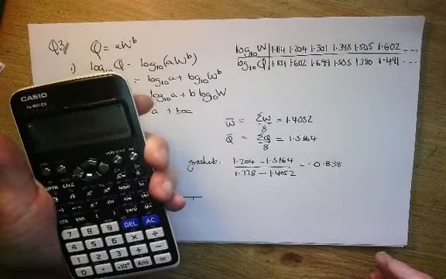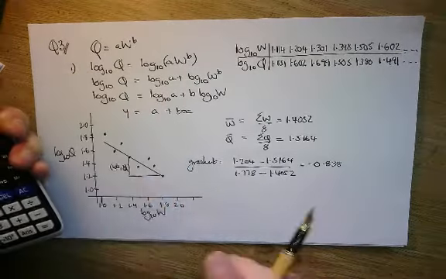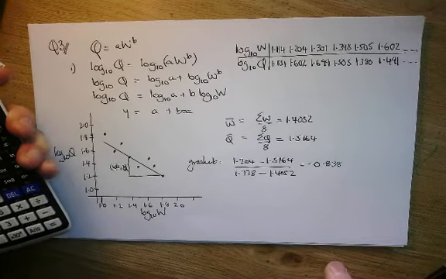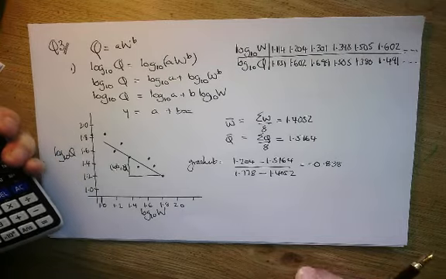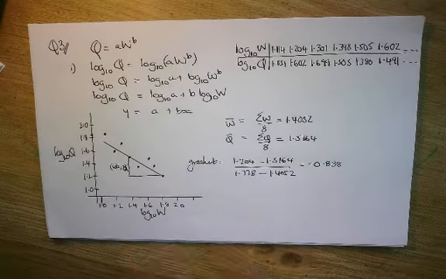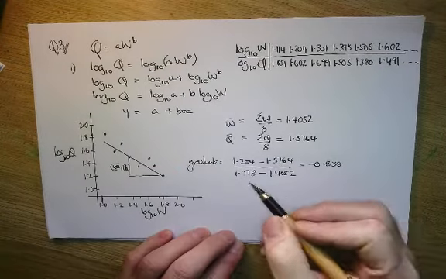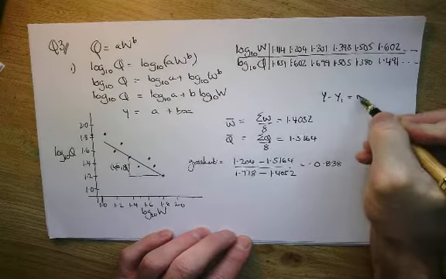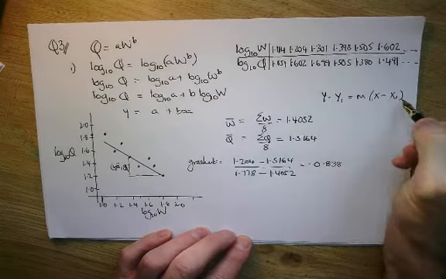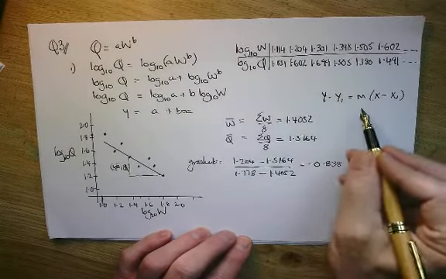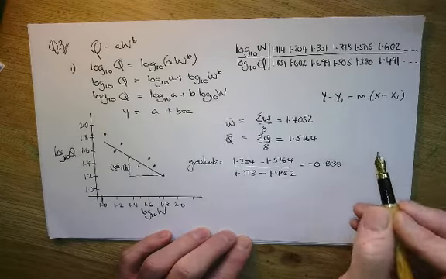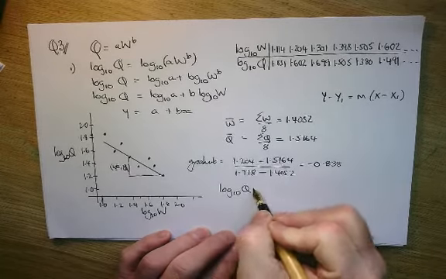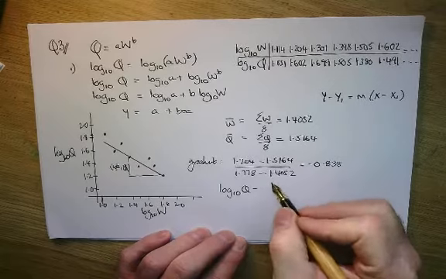And now that is my gradient. So now I know my gradient. So I'm going to just use the formula, which you remember is y minus y1 equals m(x minus x1). And so what I need to do here is use my mean values, because these are the most stable ones, and I know the line goes through that as well.